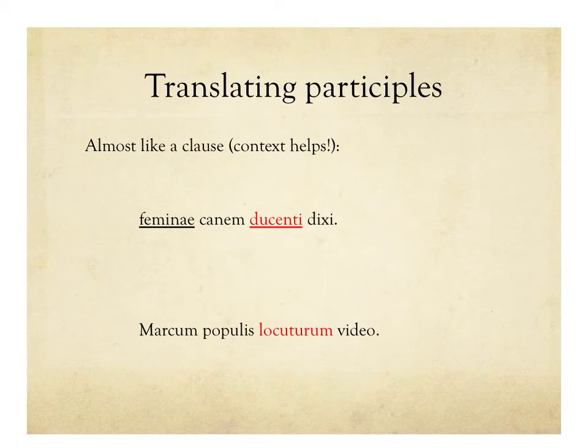Slightly trickier is when we have those kinds of participles that have something extra built onto them. And that's when they can be tricky. They're almost like a clause, and so context can help. In your sentences, of course, you don't have much context, but we'll practice with instances where they do. You can see here's our verb, dixi. And so dixi is I spoke.